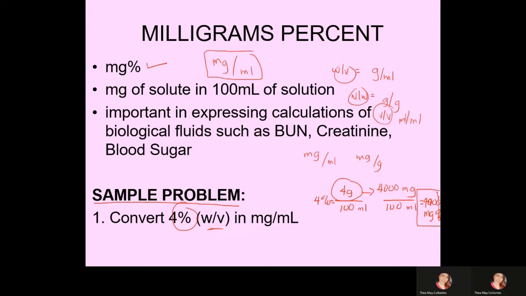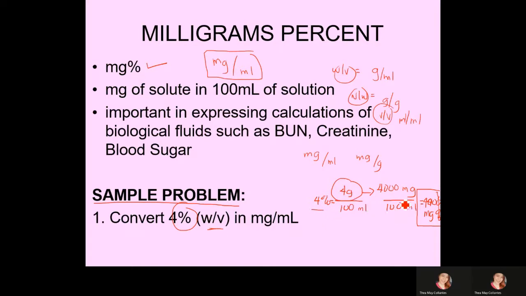So when you divide that 4,000 by 100, we will have 40. So times 100 again, that would be 4,000 milligram. So guys, if you are basing only on 100, it is automatically 4 grams of solute.